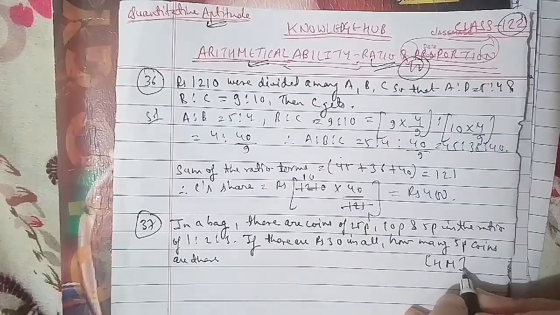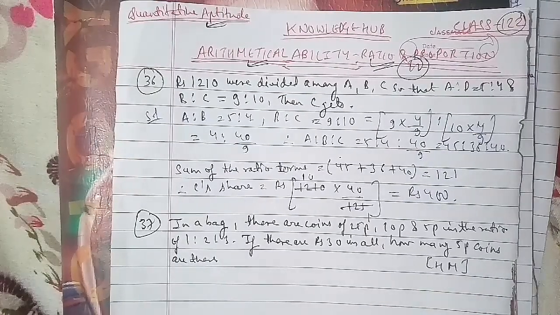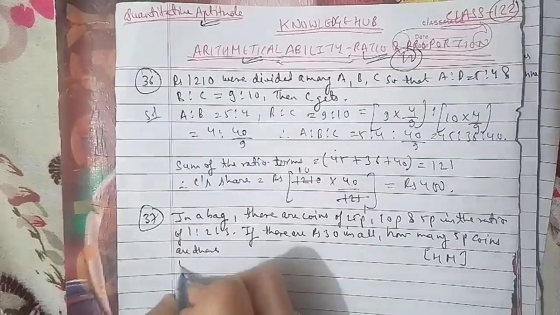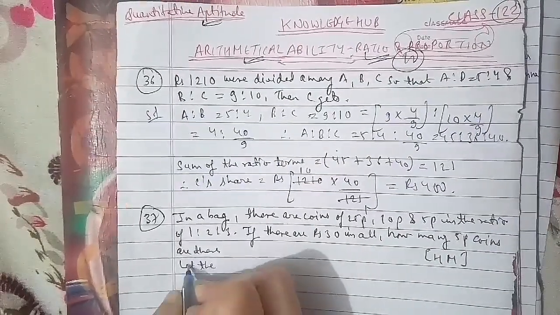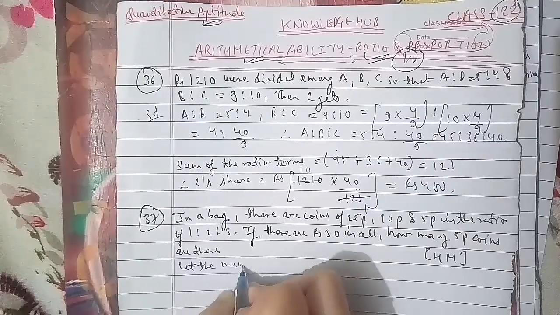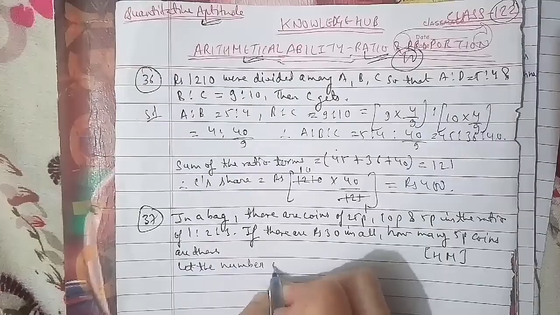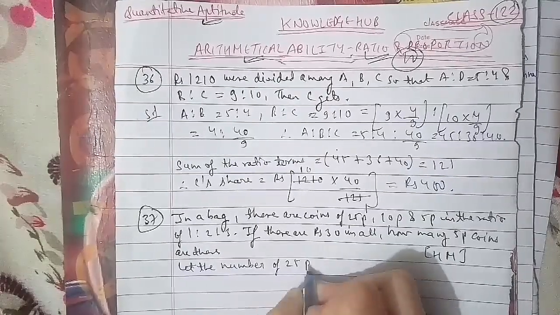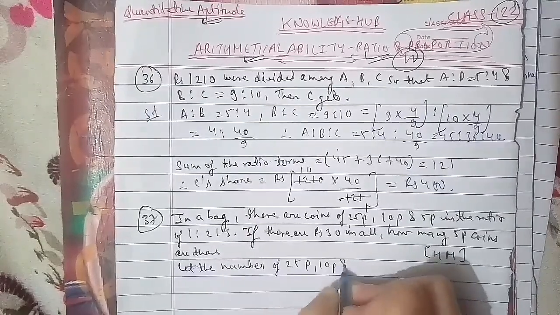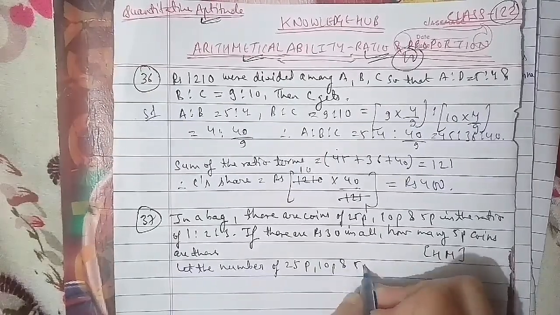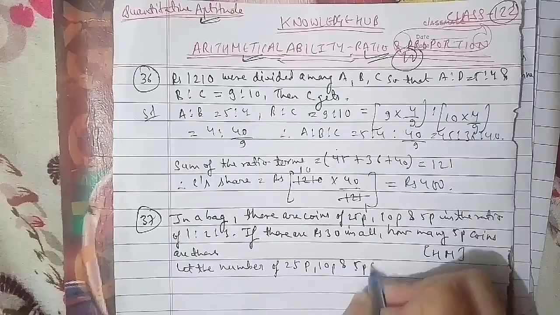Let the number of 25 paisa, 10 paisa and 5 paisa coins be x, 2x and 3x respectively.